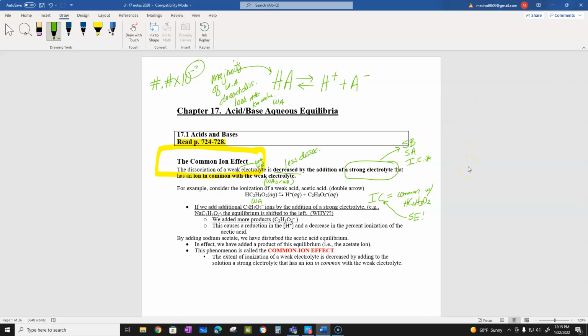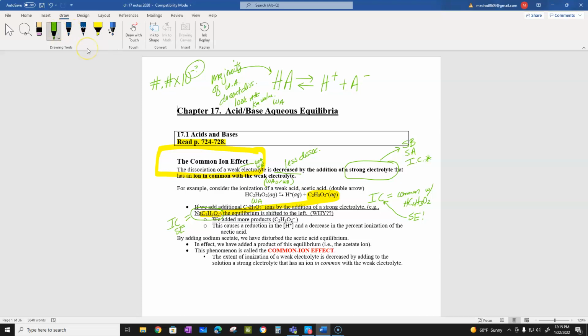All right, an ionic compound that's a strong electrolyte with that acetic acid. So why not sodium acetate? Sodium acetate is an ionic compound, and ionic compounds are strong electrolytes. So the ion that I have in common is the acetate, and additional acetate ions are going to affect the equilibrium, because that compound is going to dissociate.